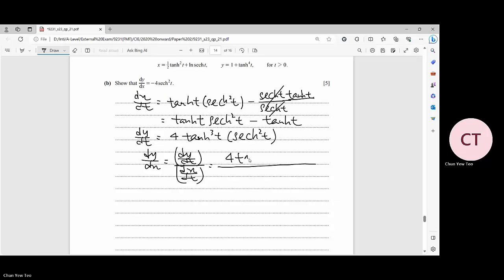So this one is supposed to be 4 tanh cubed t sech squared t divided by tanh t times sech squared t minus 1. Then I factorize the sech squared out.